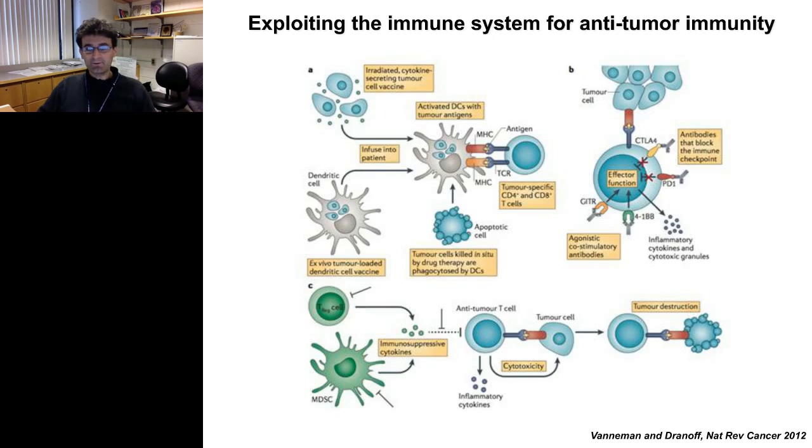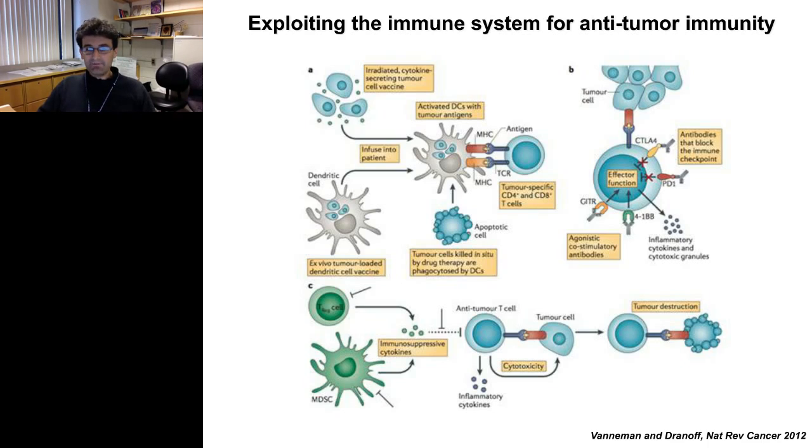The second way to help the immune system to recognize the cancer cell is to modulate the interaction between the tumor cells, which is here, and the effector T cells, which are here. Typically this interaction is mediated by a specific recognition of the T cell receptor of the antigen presented by the cancer cells.